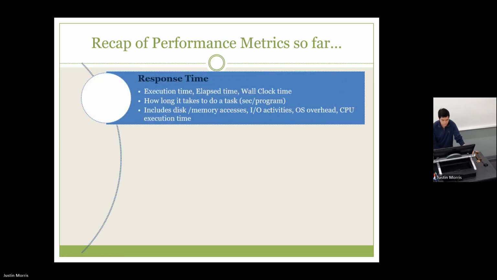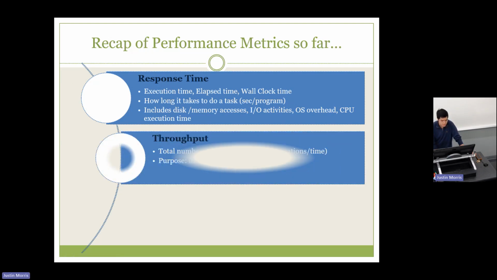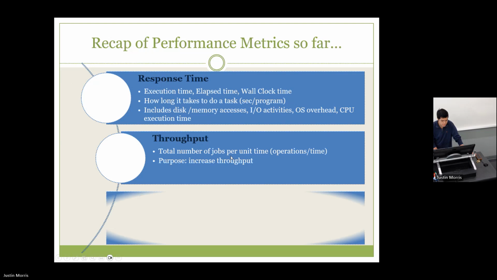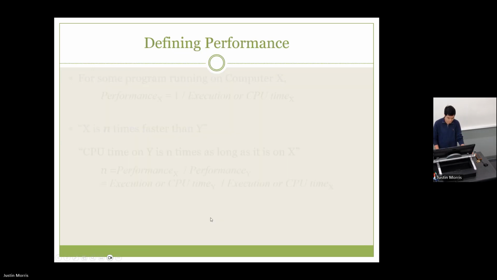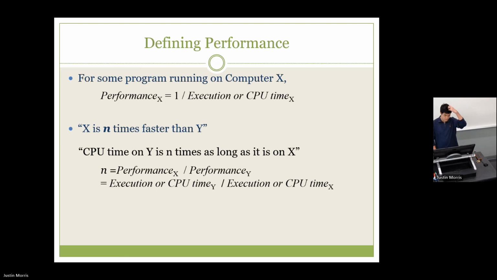Okay. So we talked about response time. This is just how long does it take to do a given task, okay? And then we talked about throughput, which is how many things can I do in some fixed unit time. And then CPU time is our performance metric. One thing that we should define is the word performance.